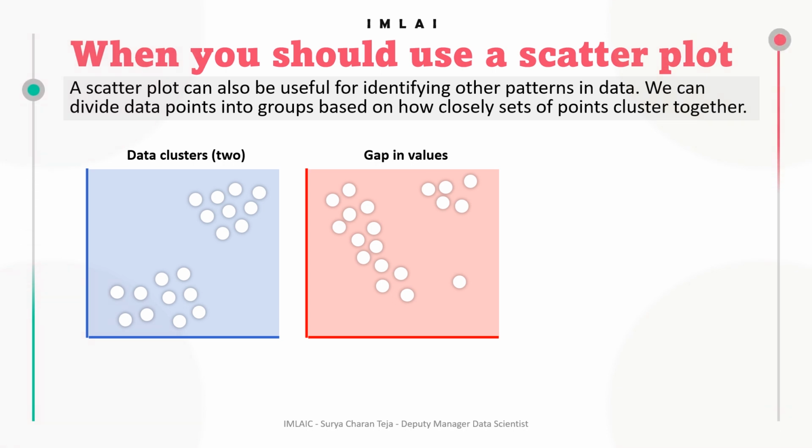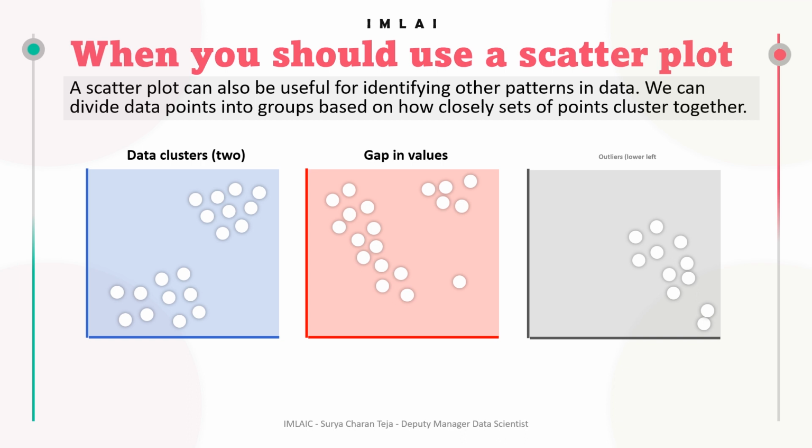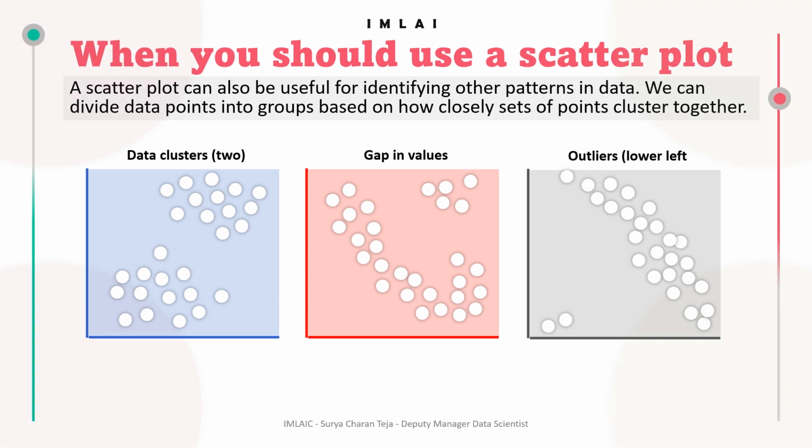And the final one, you can also use it to catch outliers. If you see the whole data, here you have a linear relation which is closely packed, and as x is increasing, y is decreasing, so you can tell that this is negatively correlated.